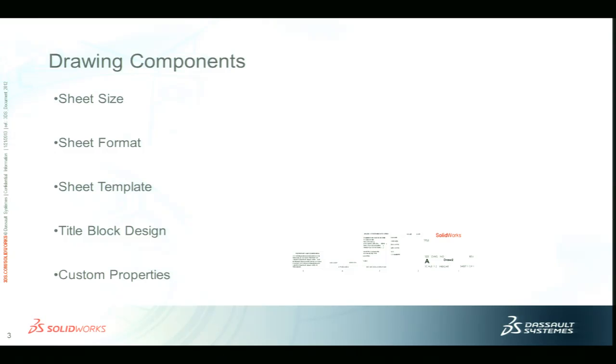And we're going to talk a little bit about where those things can be found, how you can adjust them, or how you can actually create a network template set. So if you have a network and you have the ability to connect to that network through all your engineers or all your users, then each one of those will be able to use the same templates, and you'll have everything consistent throughout the whole thing.